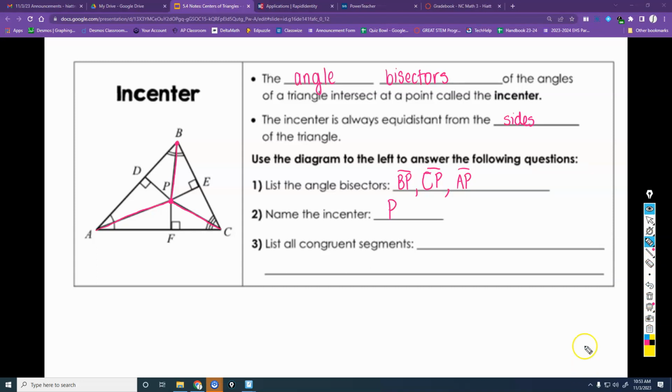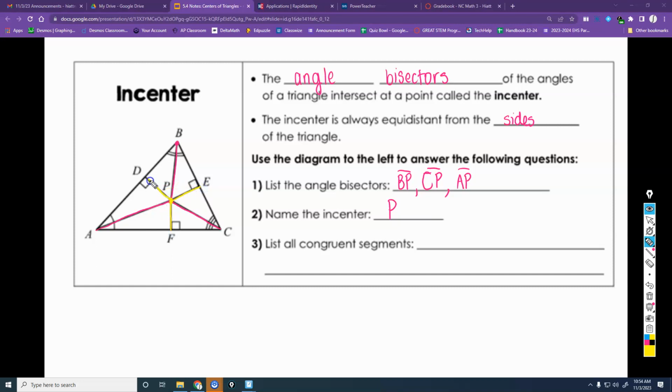Whenever we have an incenter, these three lines are not necessarily equal to each other. They would be in an equilateral triangle, but not in most others. So these are not equal to each other. However, the incenter should always be equidistant from the sides.